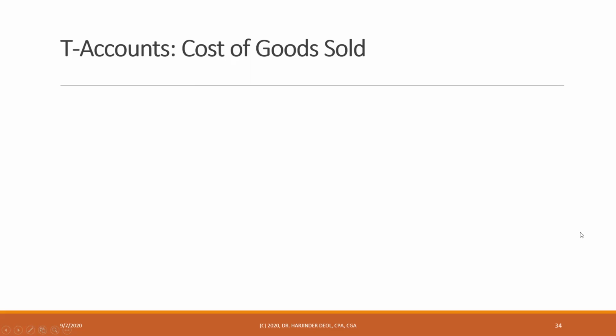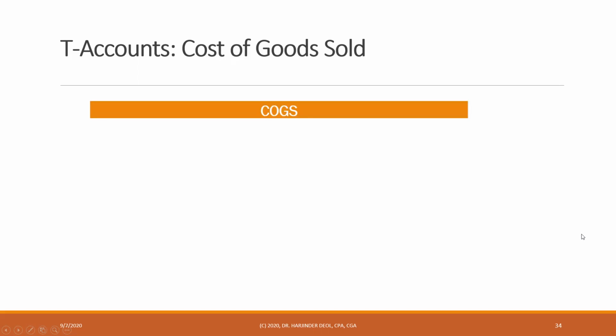Cost of goods sold. Cost of goods sold does not have a beginning or ending balance because it is an item that belongs to the income statement. From the finished goods inventory, we will have transferred out an amount for unadjusted cost of goods sold.